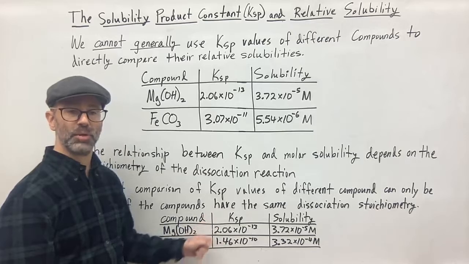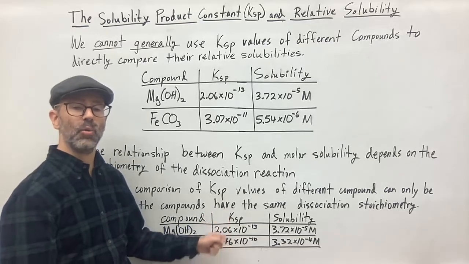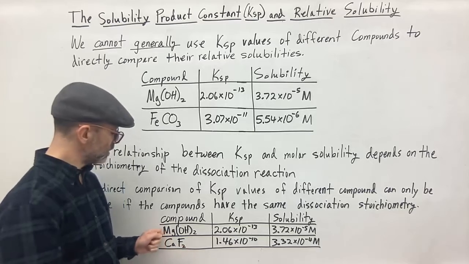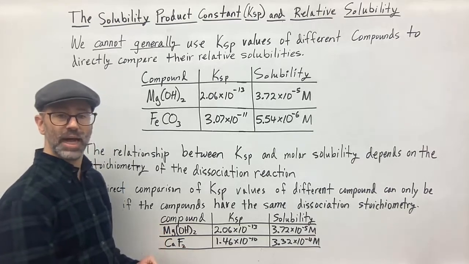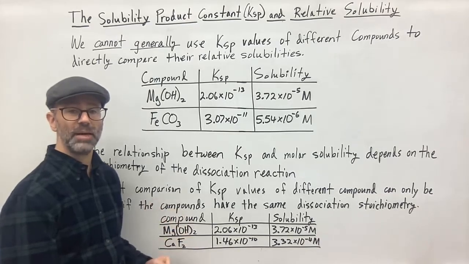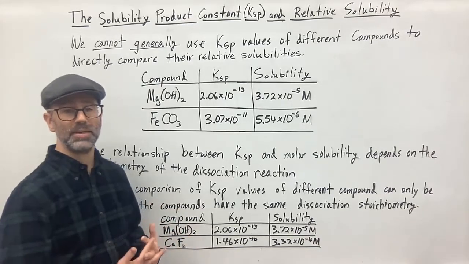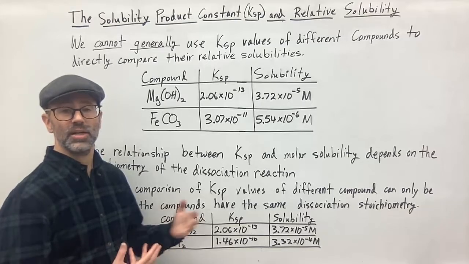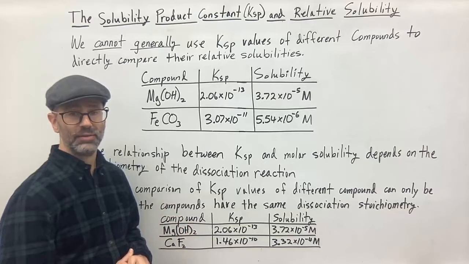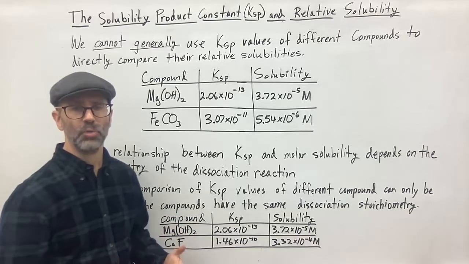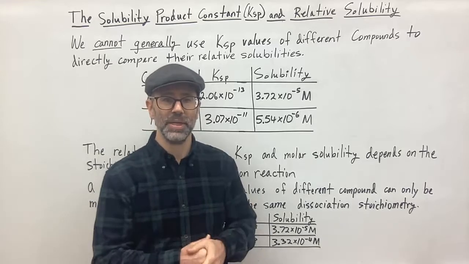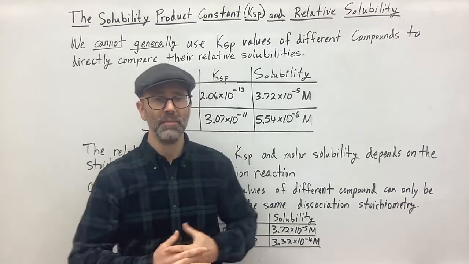So I can determine from their KSPs alone which one of these is more soluble in water because they have the same dissociation stoichiometry. So keep that in mind when you're using KSPs to determine which substance is more soluble or less soluble in a given liquid. So I hope this is helpful. I hope this clarified a few things for you regarding KSP and relative solubility.